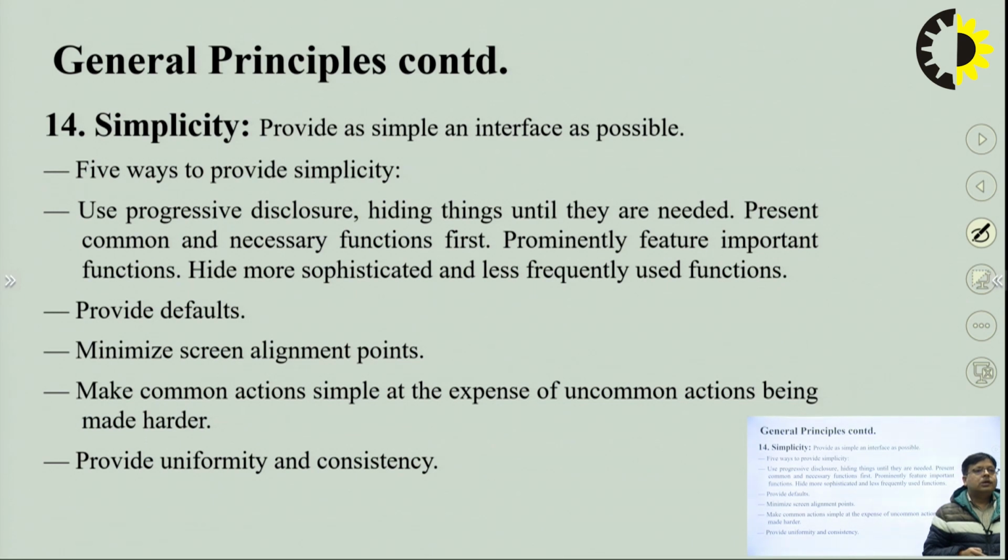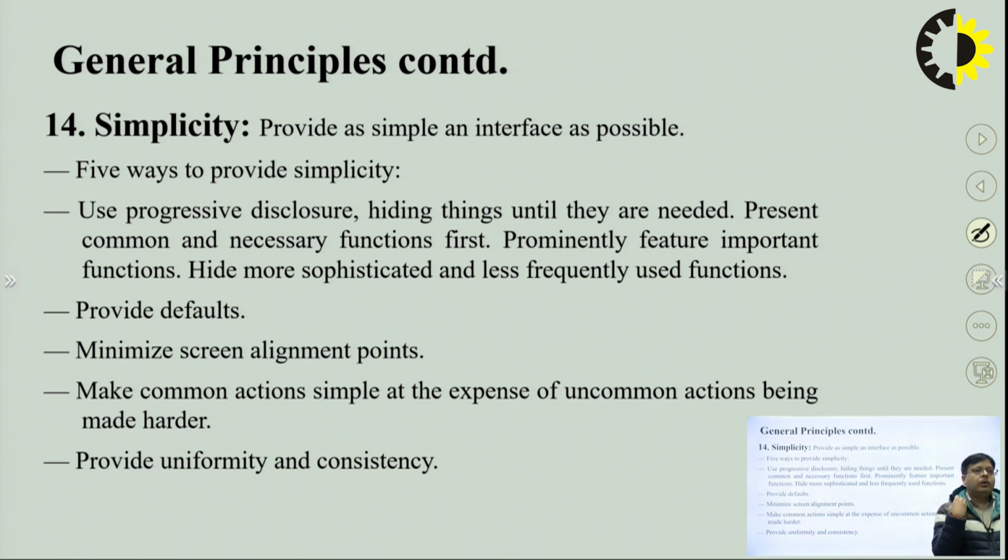The 14th principle is simplicity, right? There are 5 ways to provide simplicity. Use progressive disclosure, meaning the user should be shown the minimum information, hiding things until they are needed. Only present the common necessities and functions, right? And there should be various options inside a tab.